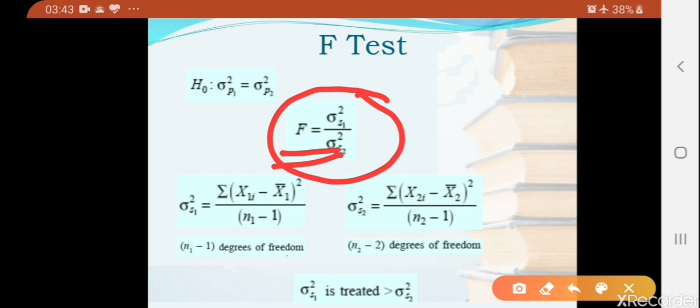On the other hand, if the calculated value of F is smaller than its table value, we conclude that the F ratio is not significant. If the F ratio is considered non-significant, we accept the null hypothesis. But if the F ratio is considered significant, then we reject the null hypothesis.